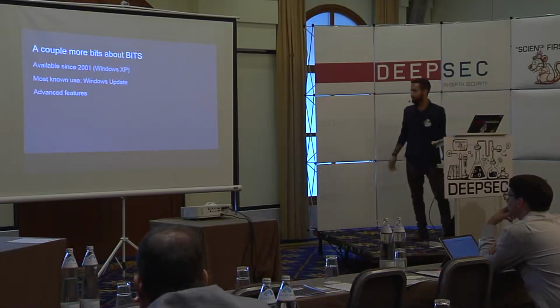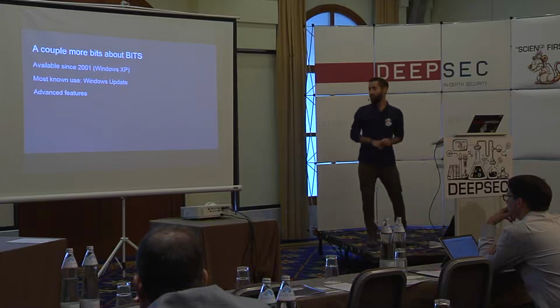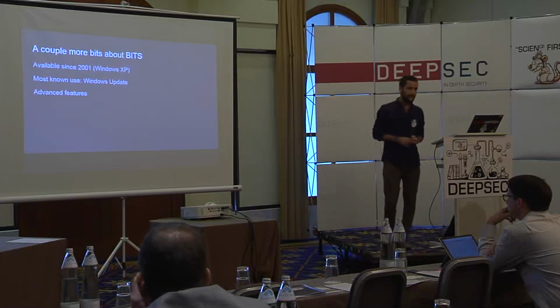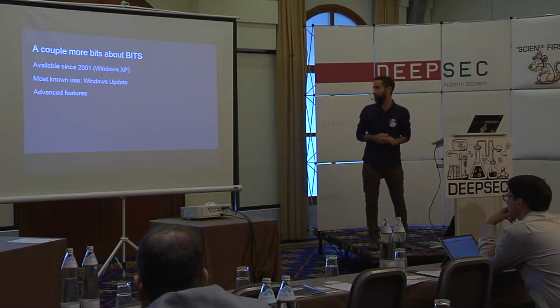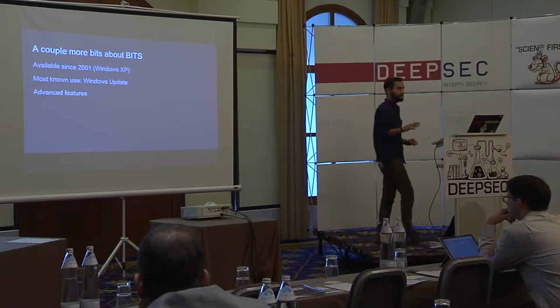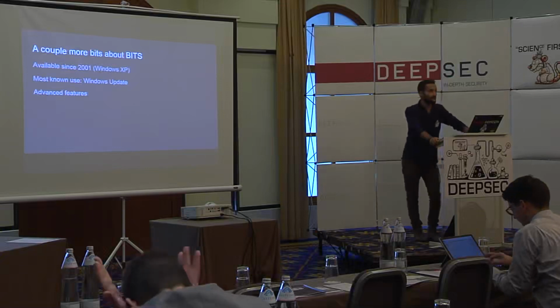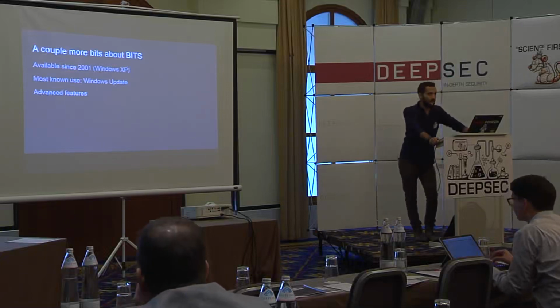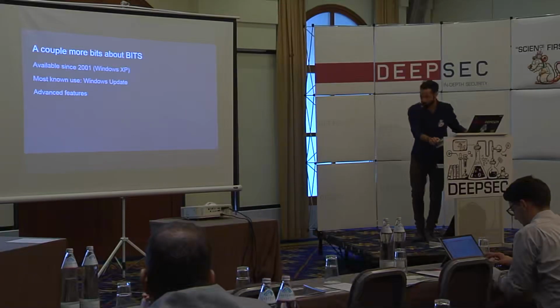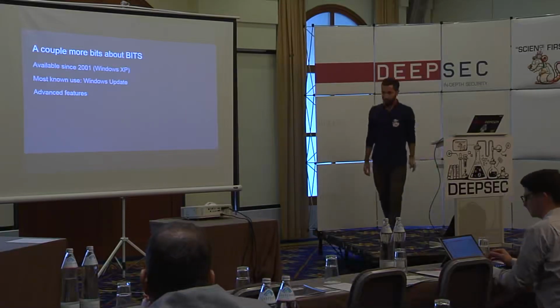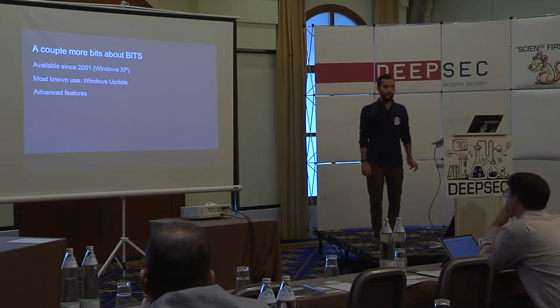So, a couple more bits about Bits. It has been with us since Windows XP, since 2001. Since then, there were 5 major versions. We are currently at version 5.0, and it is not that recent. It came out in 2012. Its best known use is by Windows Update.